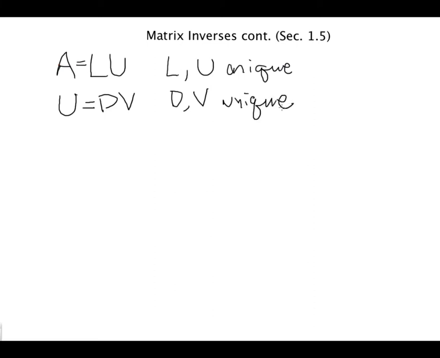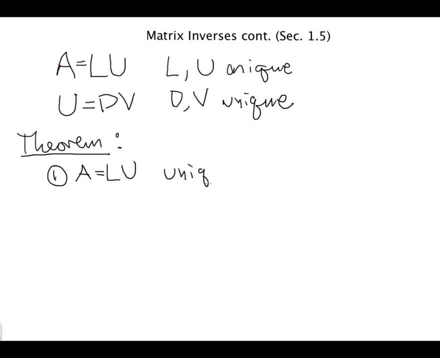And it's essentially the same argument. And so therefore I conclude, I'll state this as a theorem, I'll restate what I just had, which is that the LU decomposition is unique, and the LDV decomposition is unique.